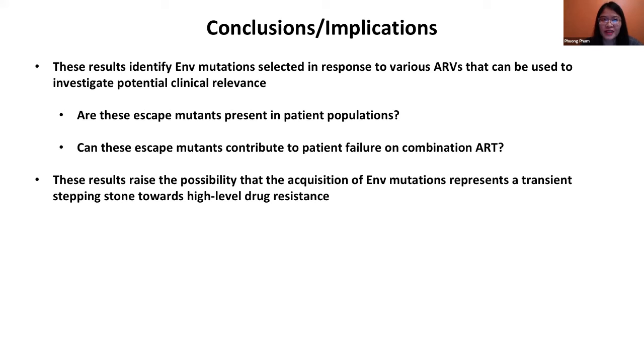If we understand the mechanism of how these ENV mutations are able to allow these drug-resistant mutations to occur outside of the target gene, then it could also assist us in designing better drugs. But to answer your question, we've looked at patient samples, and there are ENV mutations that we found, but at a very low prevalence rate.